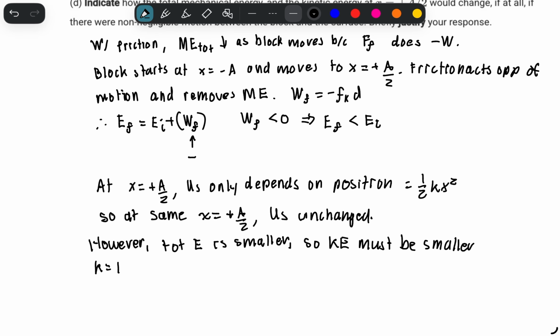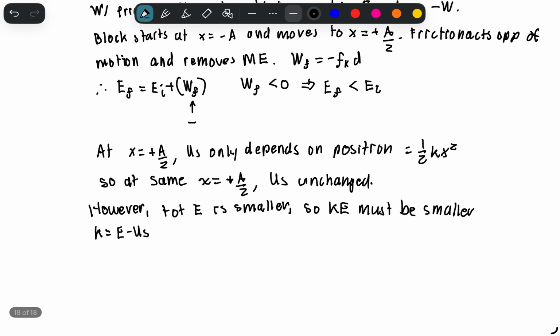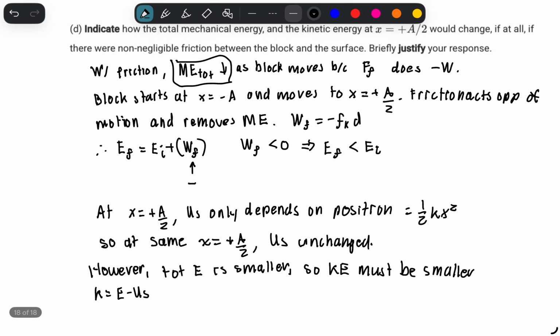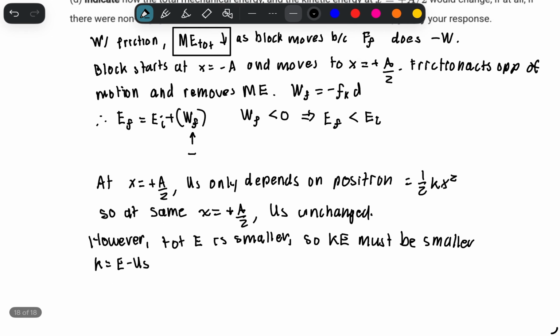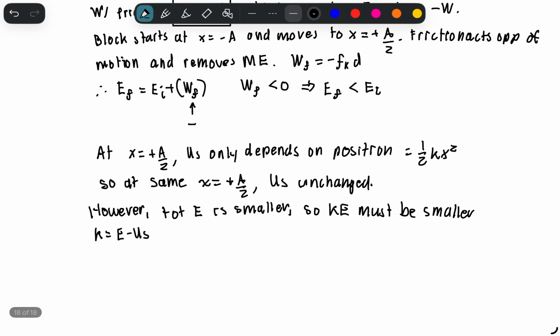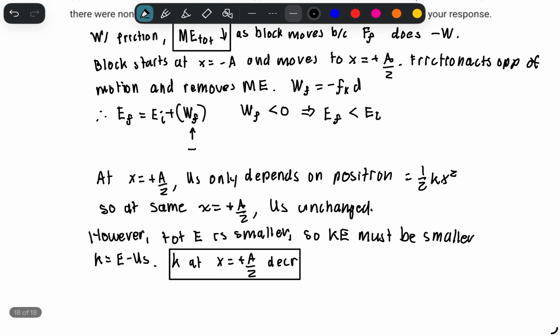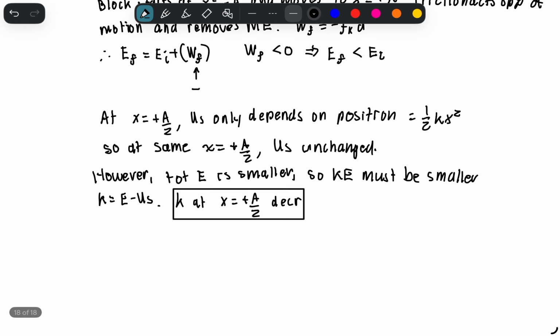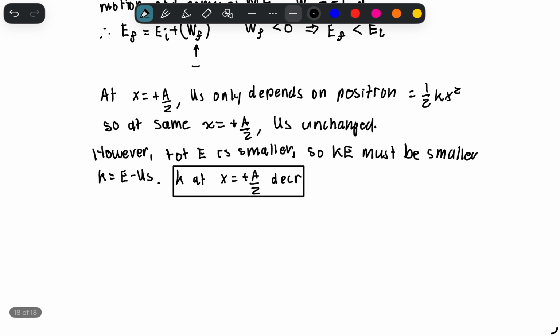Kinetic energy is equal to our total energy minus the spring potential energy. So overall, what we see is that our total mechanical energy is going to decrease, and your kinetic energy at x is equal to positive a over 2 is going to decrease, because our friction converts some mechanical energy into thermal energy, leaving less energy available for kinetic energy.